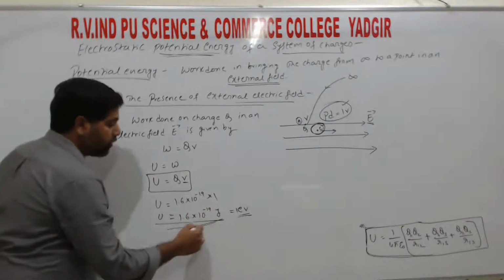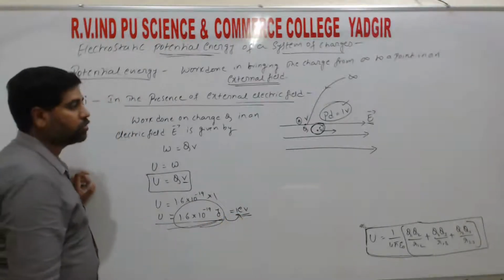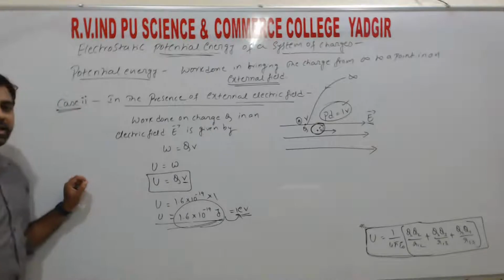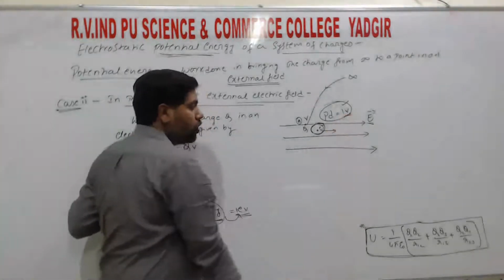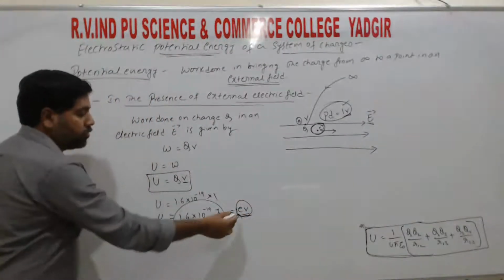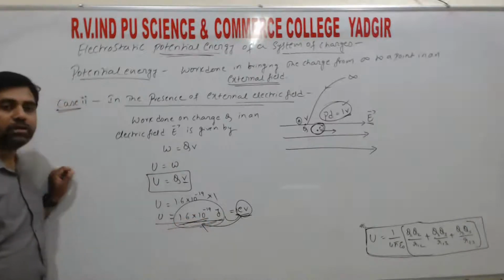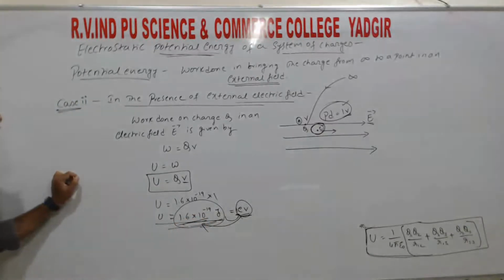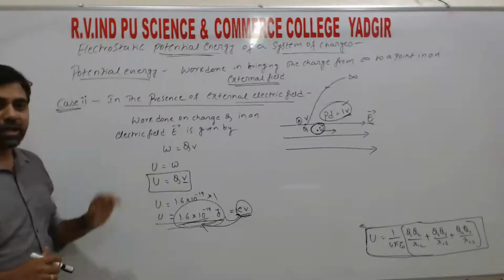So we call this value 1 electron volt. If we write it in terms of joules, that value is 1.6 into 10 to the power of minus 19 joules. So this is for the single charge.